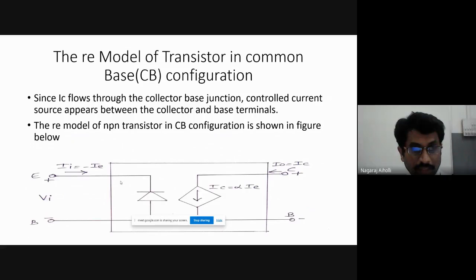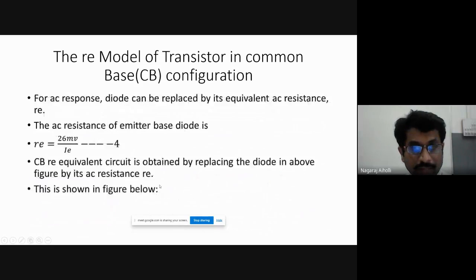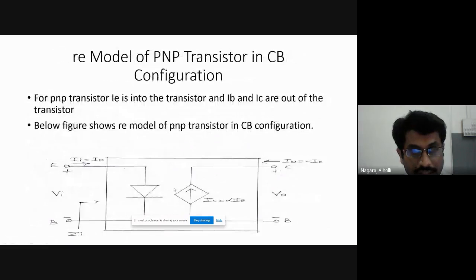As the input current is minus IE there, the diode polarity is represented as minus plus. If we look at the PNP transistor, the direction is positive, negative, because the input current is plus II.